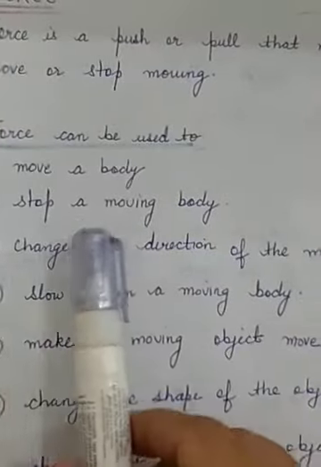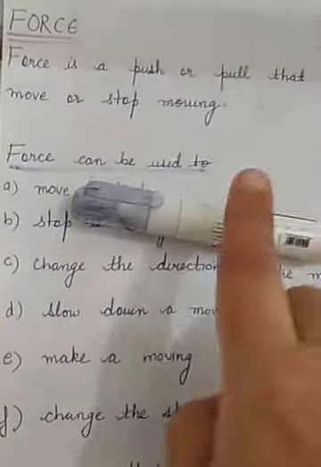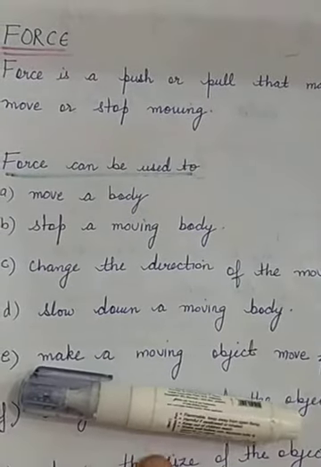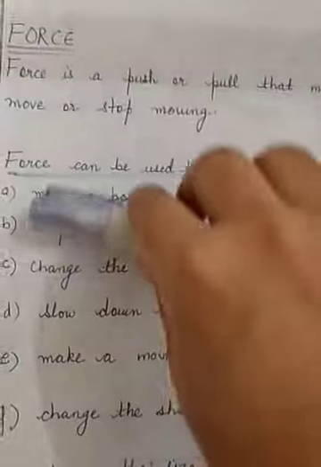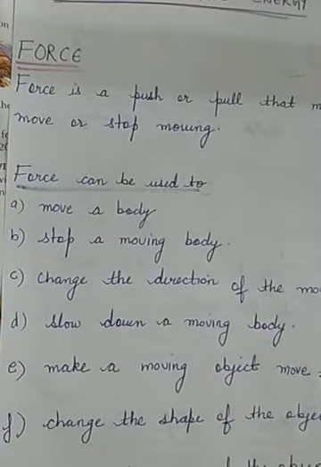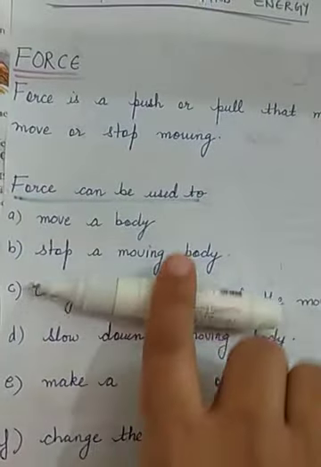Second, it stops a moving body. If any body is moving, when we apply force it can stop. For example, if it is moving here and I apply the force, then it will stop.